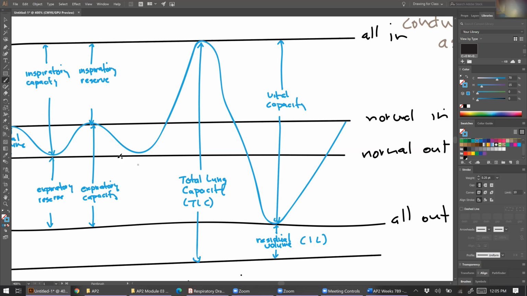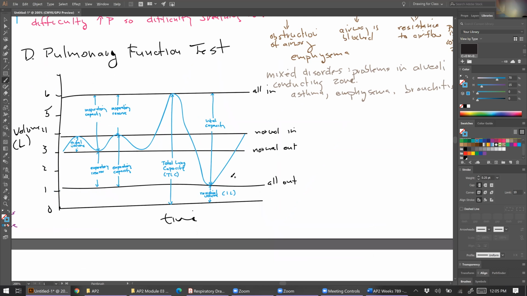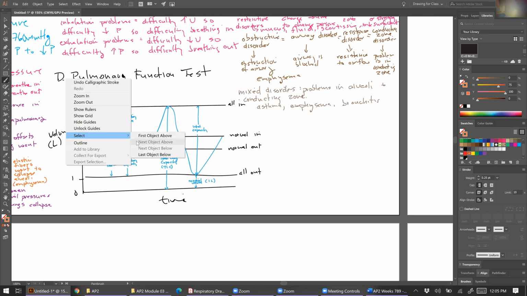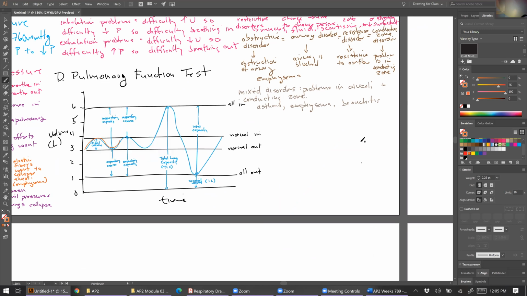So you can see then, and I don't know if we'll draw a whole lot here, but something like emphysema would make it hard to breathe out.